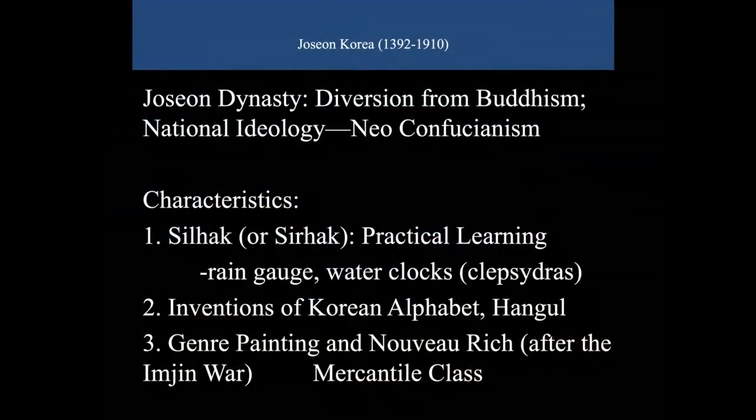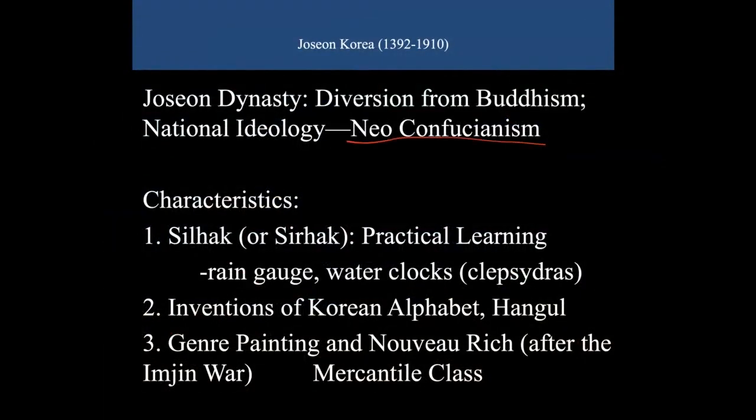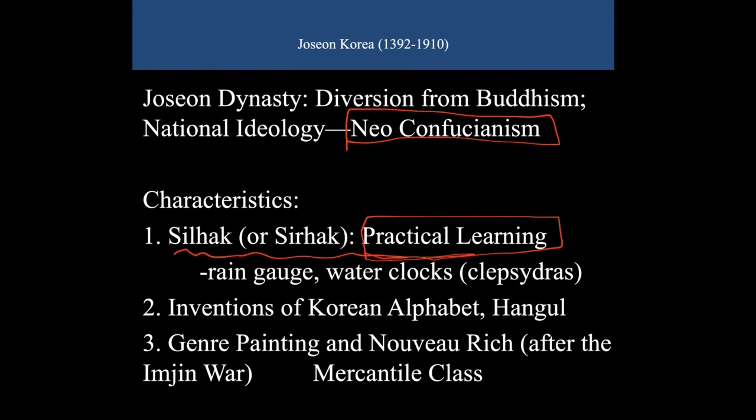And so now it's the Joseon Dynasty. Neo-Confucianism is a very important word, a political ideology. And then they, in a way, suppress Buddhism because they want to establish a new political regime. And eventually, I want you to remember the rise of practical learning, emphasized in the Joseon Dynasty. It's knowledge, but living, practical knowledge, not just learning.